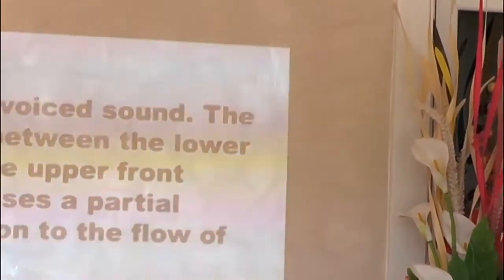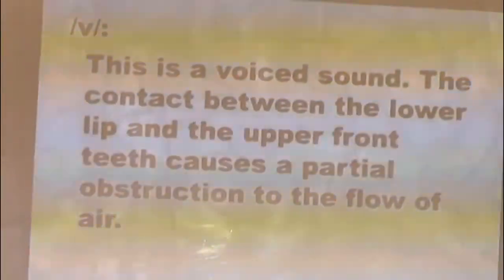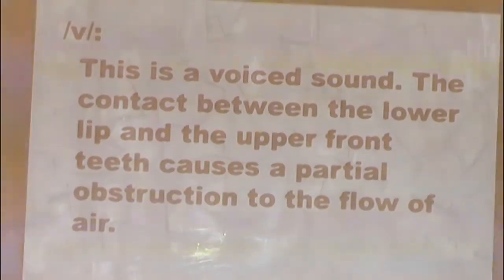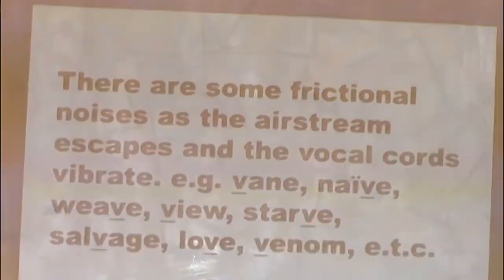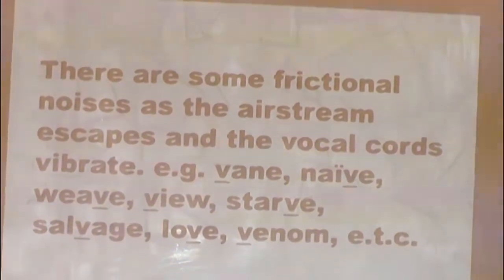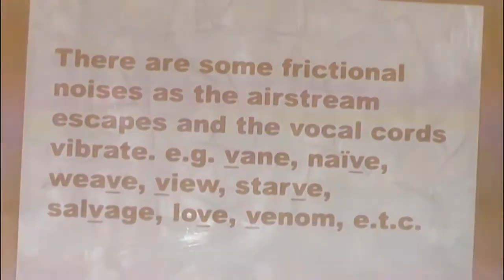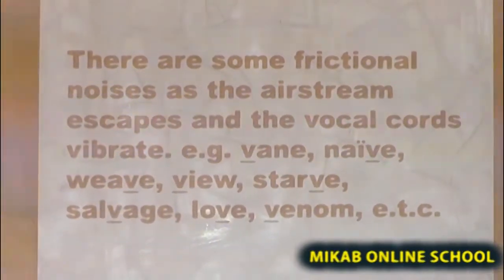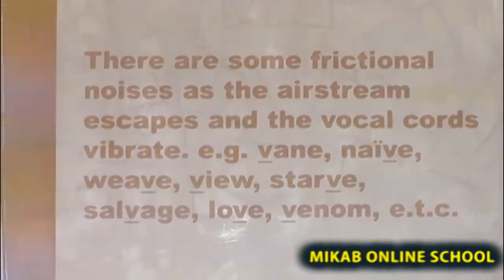The contact between the lower lips and the upper front teeth causes a partial obstruction to the flow of air. That is why it is called va sound. There is some frictional noise as the airstream escapes and the vocal cords vibrate.